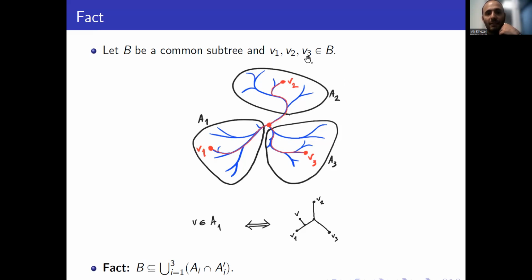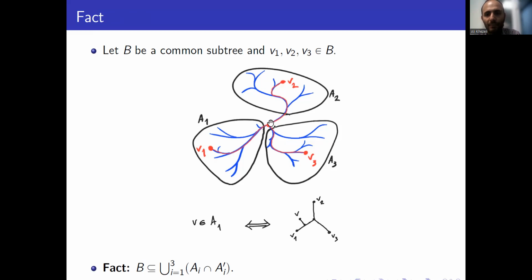Now pick 3 leaves in the common subtree, which are drawn by red dots here, and connect these 3 leaves by shortest paths. We see that the shortest paths intersect at a branch point. So these 3 leaves determine a unique branch point which separates the 3.